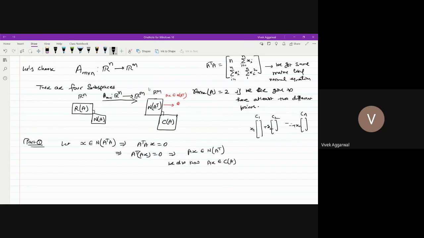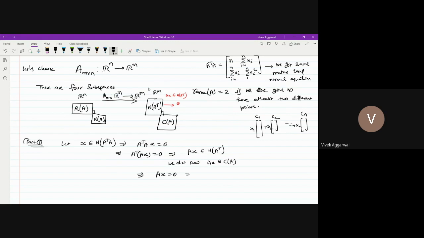Now Ax also belongs to the column space of A, and Ax also belongs to the null space of A transpose. And we know that when this happens, it means that our element Ax should be the 0 element, because both these subspaces have the element 0, and this is the only element they have in common, as they are perpendicular to each other, which we already know.